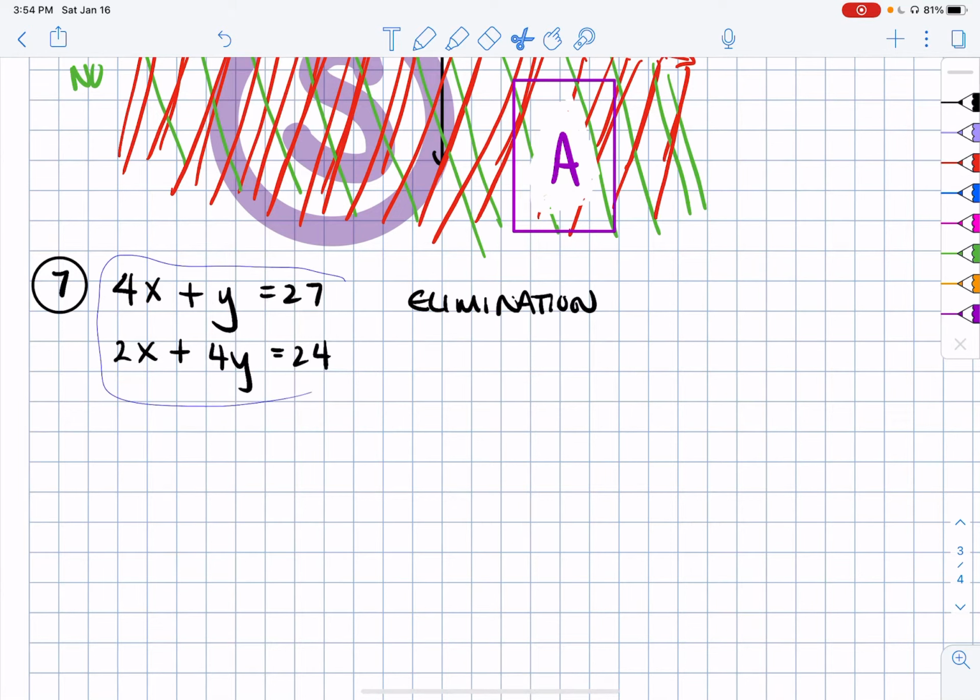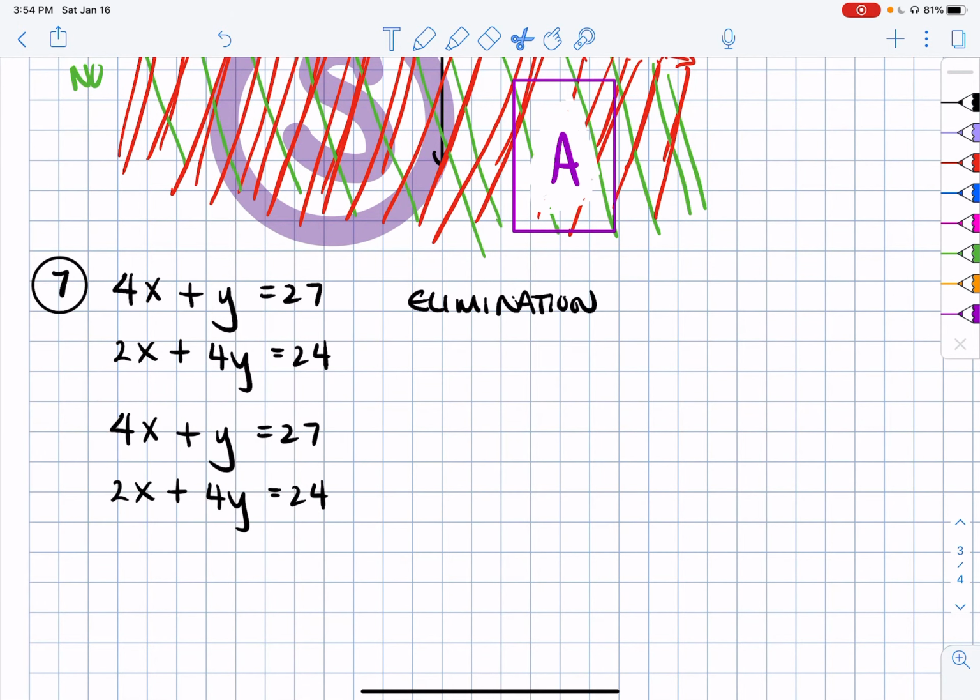All right. Well, I don't want to touch the original. Copy that, paste that, and put it right here. So with elimination, I got to choose if I want to get rid of x or y. It doesn't matter which one. I got to get rid of one of them. So let's go ahead and get rid of x.